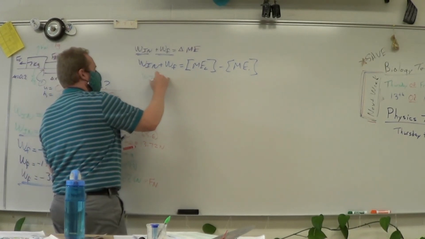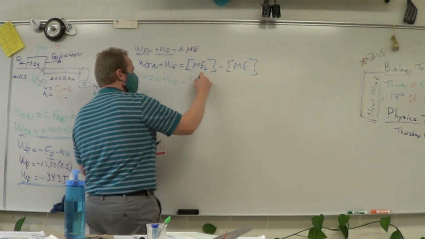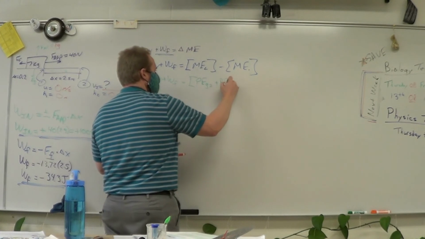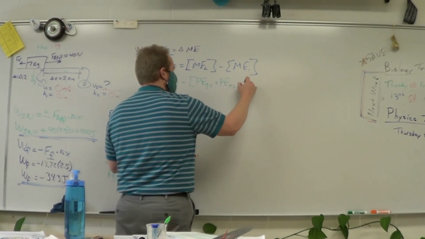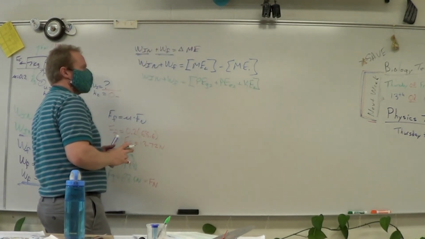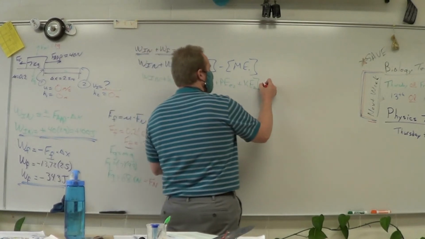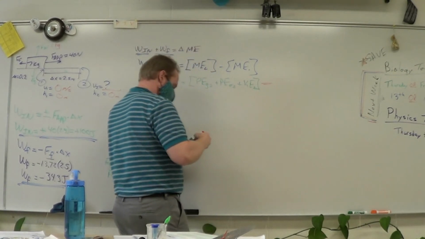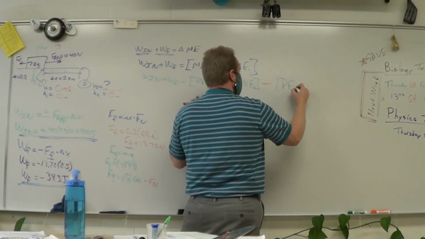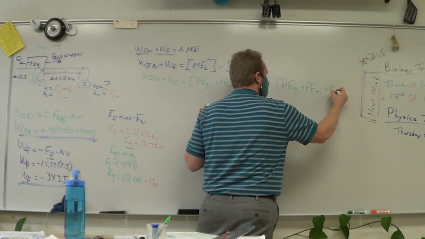Work in plus the work done by friction is equal to ME2, which is PEG2 plus PEE2 plus KE2. That's ME2. Minus ME1, which is PEG1 plus PEE1 plus KE1.